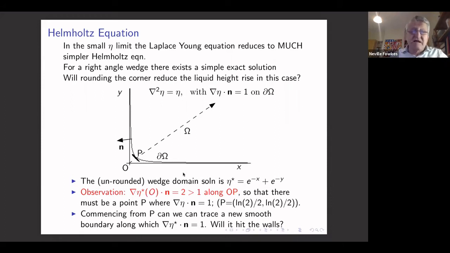So we end up with a particular solution corresponding to smoothing. And the weird thing about it is that exact same solution works in this rounded domain. There's our wall around here, you see. So really quite a remarkable result.